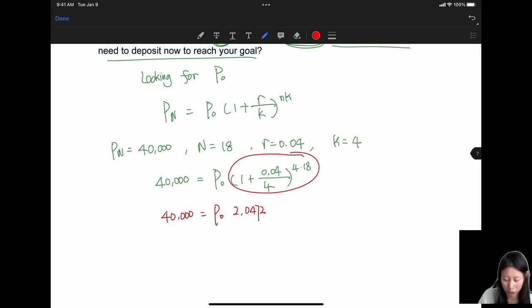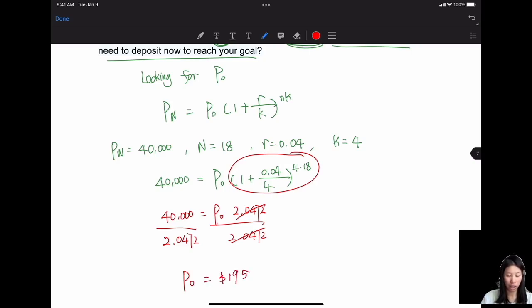And then you divide by 2.0427 on both sides, so that you will get our P sub 0, which is our principal. It would be 19,539 and 84 cents.